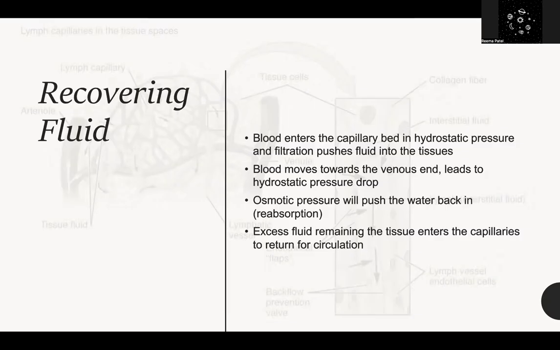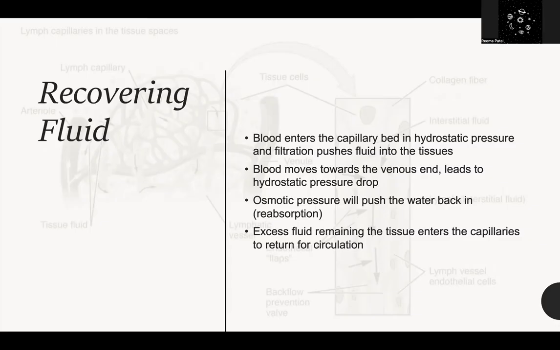So when it comes to recovering fluid, at the arterial end of the capillary bed, hydrostatic pressure is higher than the osmotic pressure, since water is being pushed out of the capillary and into the surrounding tissue. As the blood flows towards the venous end, the hydrostatic pressure will decrease and the BCOP will remain the same, which will pull the water back into the capillaries.